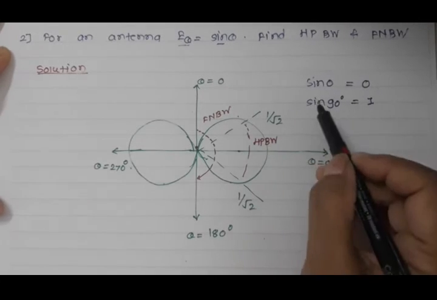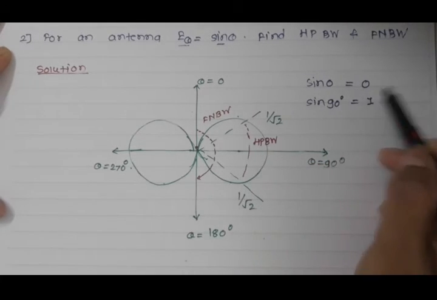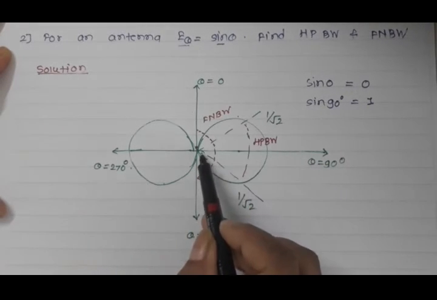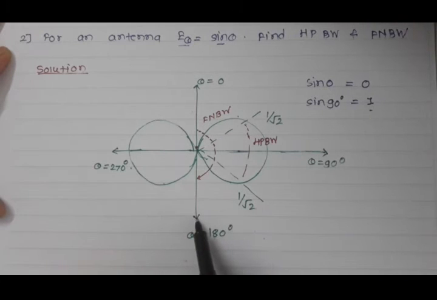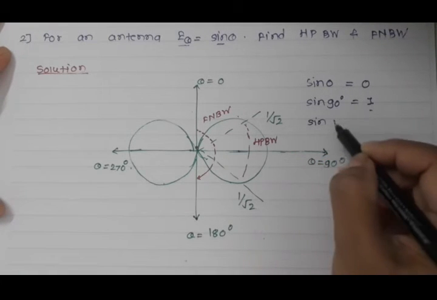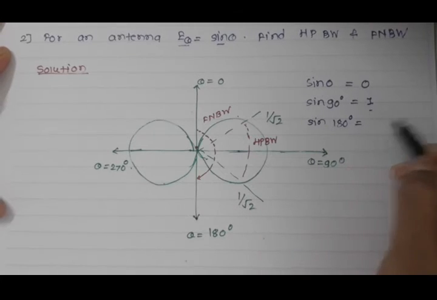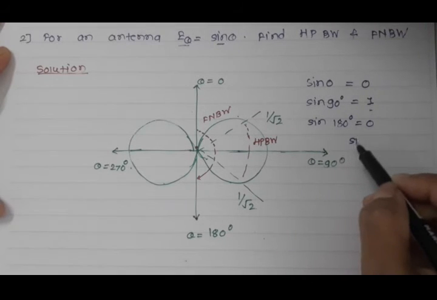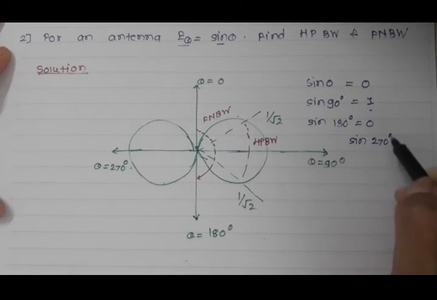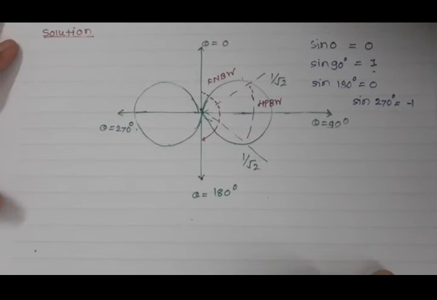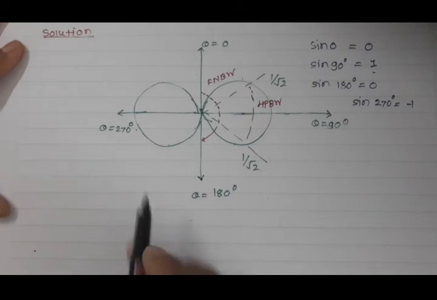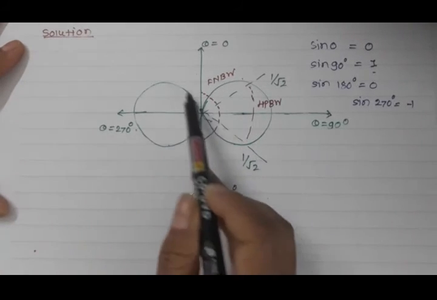So when you put theta equal to 0, you get 0, and when you put theta equal to 90 degrees, you get 1. Similarly, sine of 180 degrees is 0, and sine of 270 degrees is minus 1. So if we plot this radiation pattern, you get a shape like an 8.